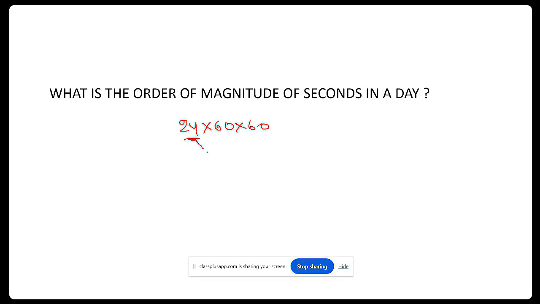First hours can be converted into minutes, minutes can be converted into seconds. So 24 into 60 is 1440, and 1440 into 60 gives 86,400. I hope you know all this. In a day, the total seconds are 86,400.